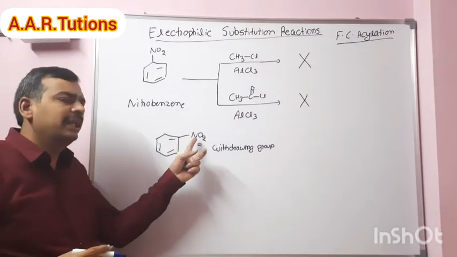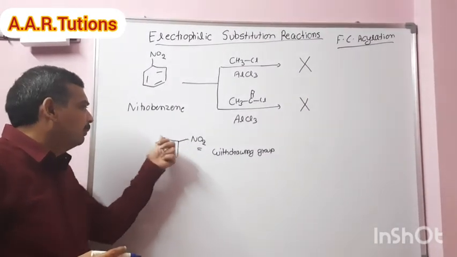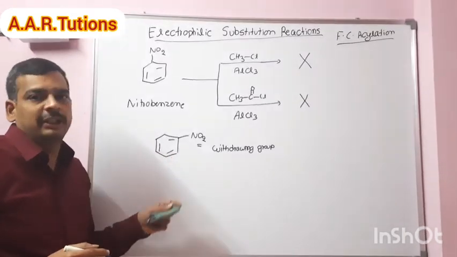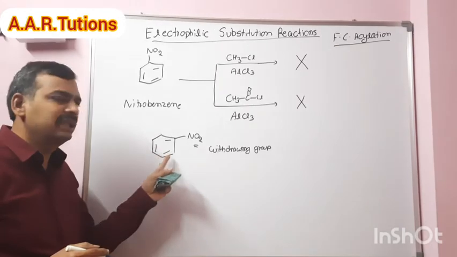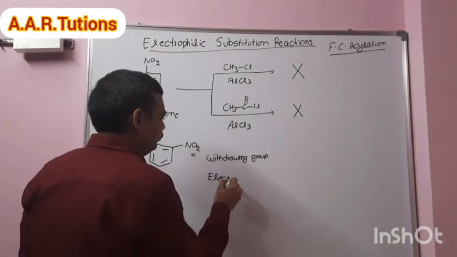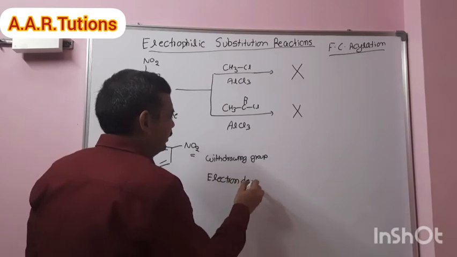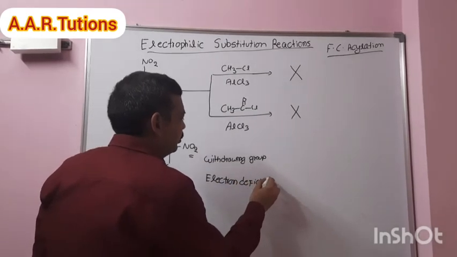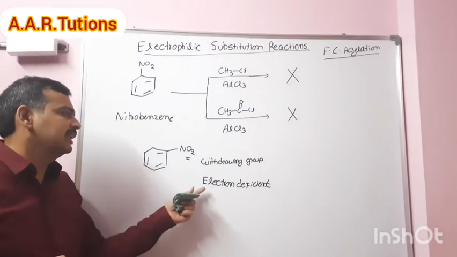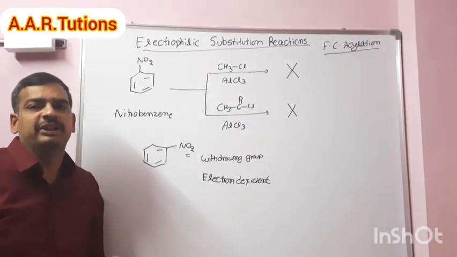Because of this nitro group, the benzene ring becomes electron deficient. This nitro group is making benzene electron deficient.